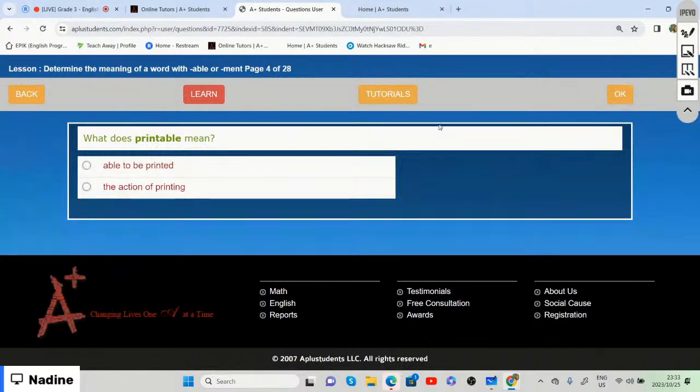So now, printable. What does printable mean? Is it able to be printed or the action of printing? Printable. Able to be printed or the action of printing?